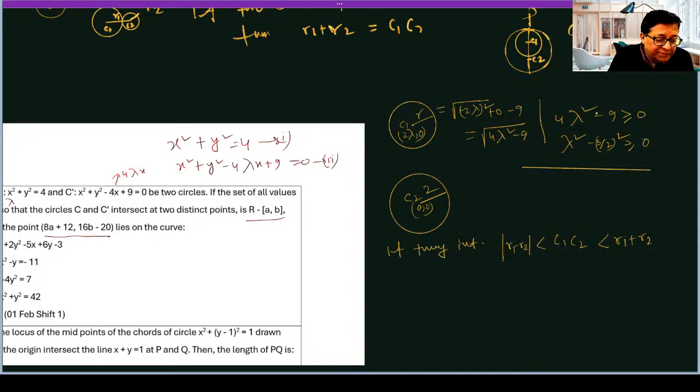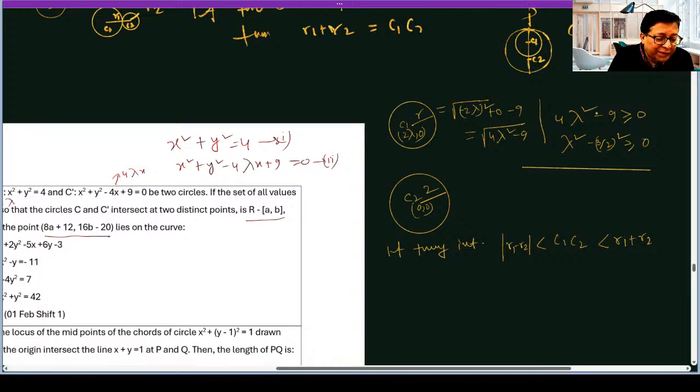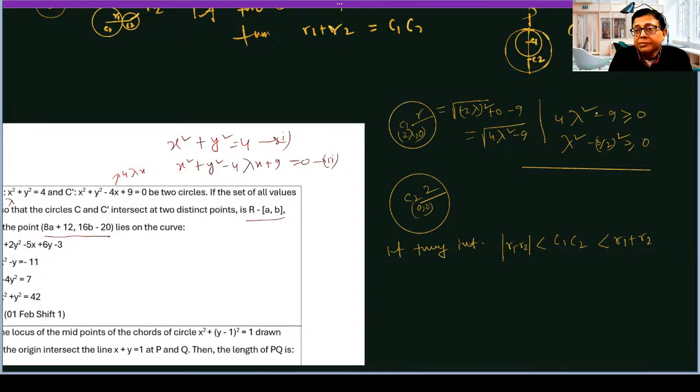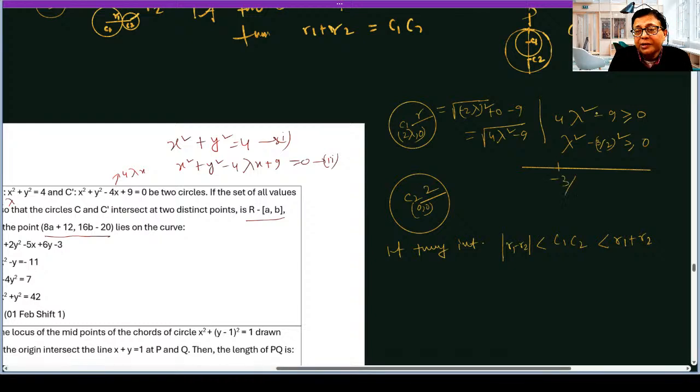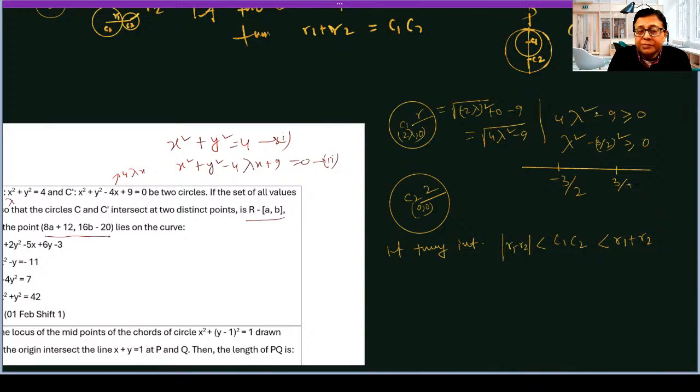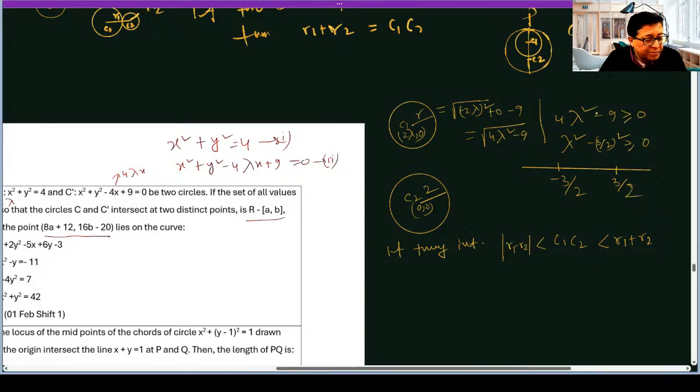Draw the number line. What will you get? This is minus 3 by 2 and this is 3 by 2. Isn't it? This is okay.